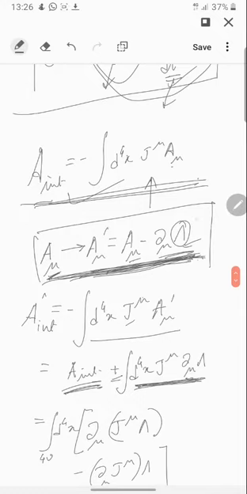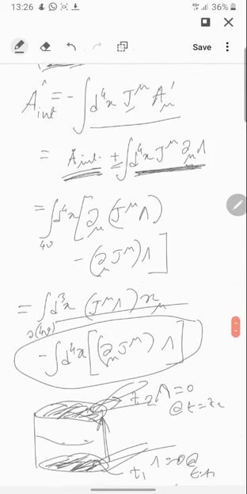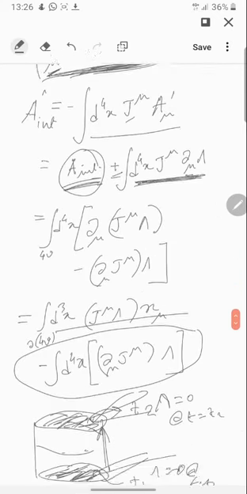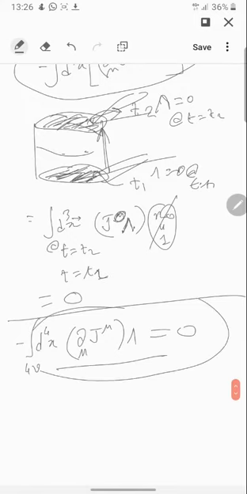So, we want to see if this transformation can leave the interaction action invariant. If we plug in this transformation, we see that the interaction action gives back the old interaction part, but also gives this term. So, this term somehow we have to make go to 0.